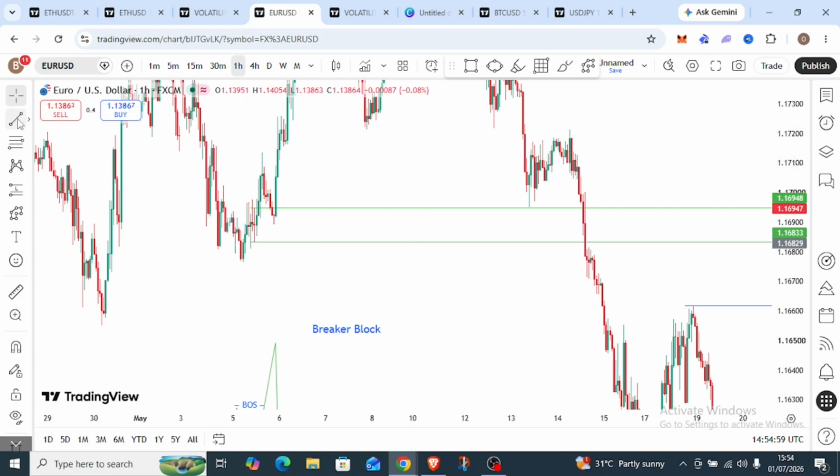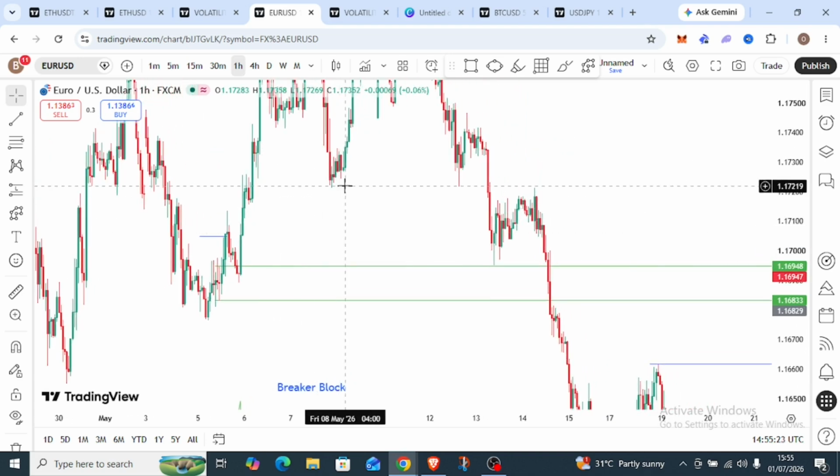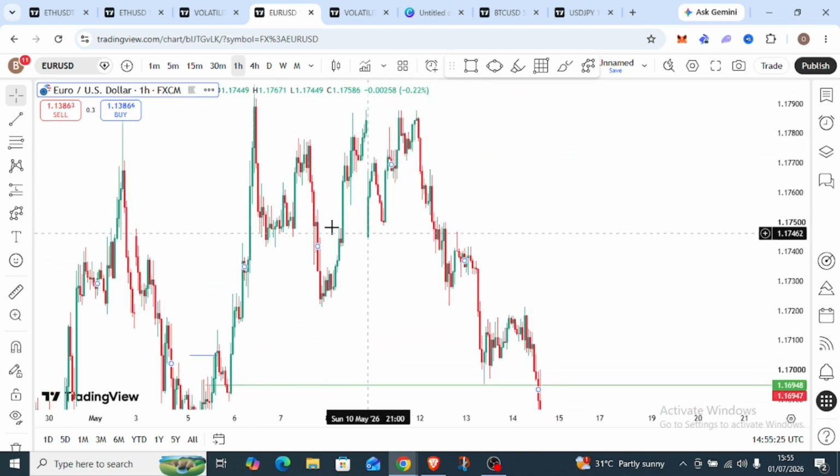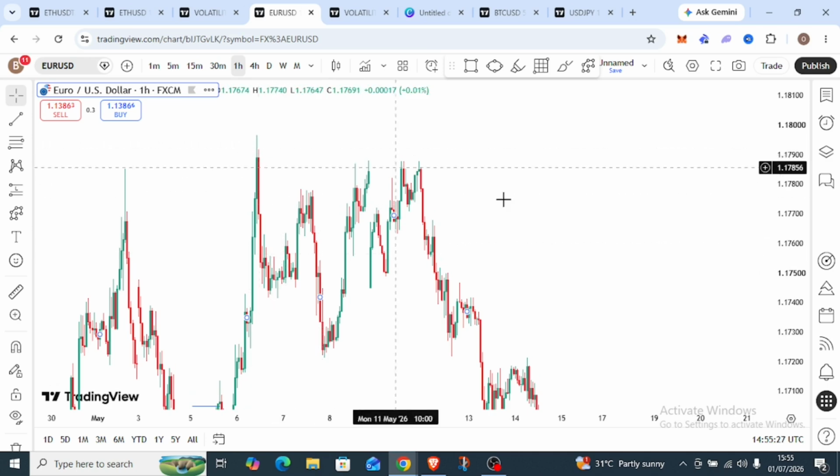Let's mark it out. This is the first pullback. There is this pullback and price moved to close above it. And after price closed above it, price moved down to mitigate this order block and moved up again. And continued going up, creating higher high, higher low till it reached this point.